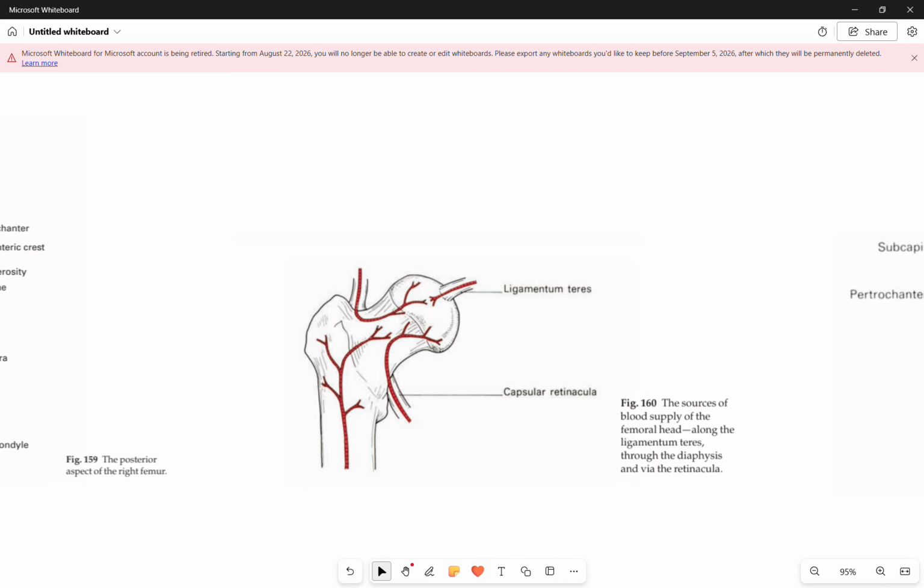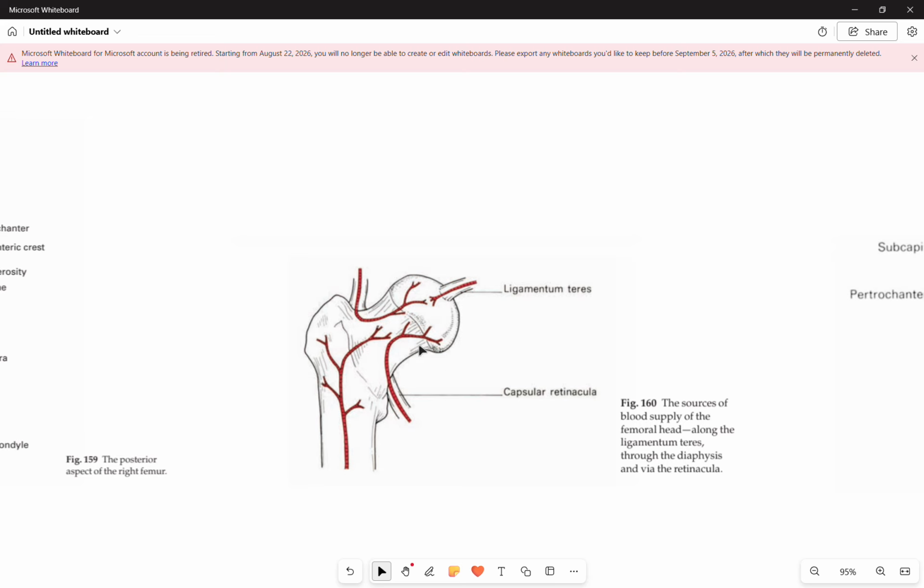Then the important blood supply, three vessels supplying the neck and head of femur: the ligamentum teres carrying a vessel, capsular vessels by way of capsular reticula, and vessels coming from the shaft.